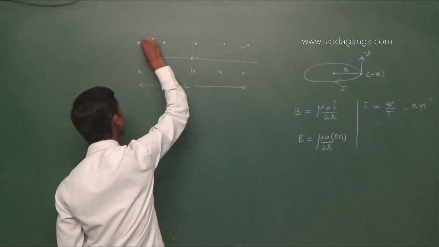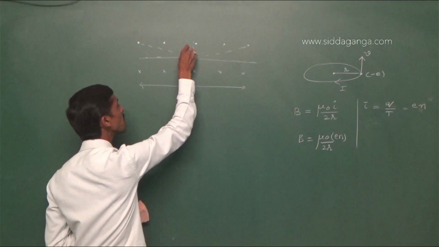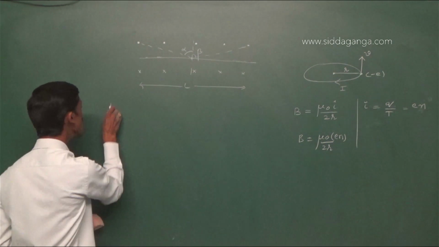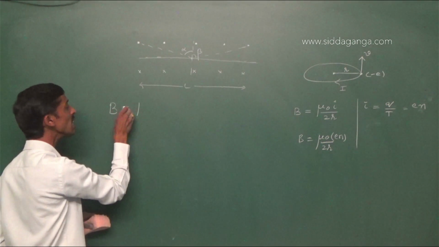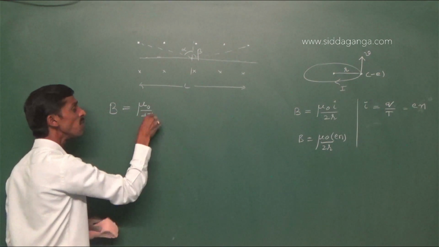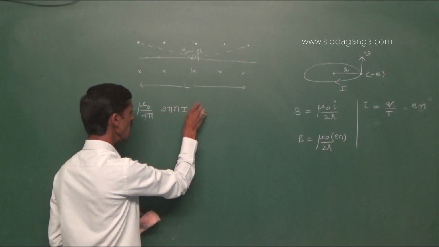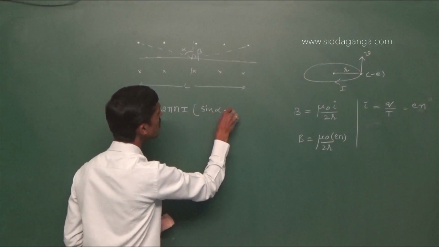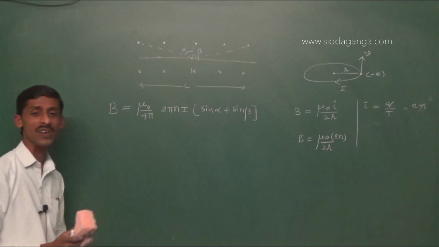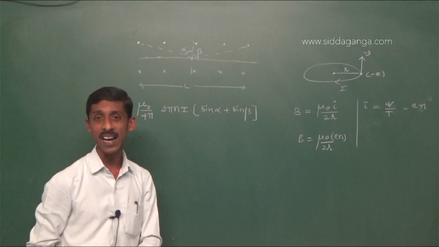The ends of the solenoid subtend angles alpha and beta at that point. The formula for the magnetic field due to a finite solenoid is mu naught by 4 pi into 2 pi n I into sin alpha plus sin beta. This is the general expression for the magnetic field at a point inside a solenoid of finite length.